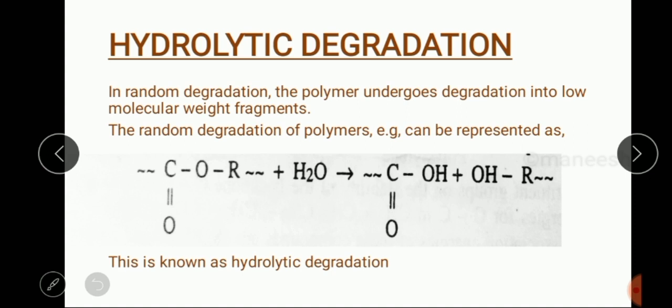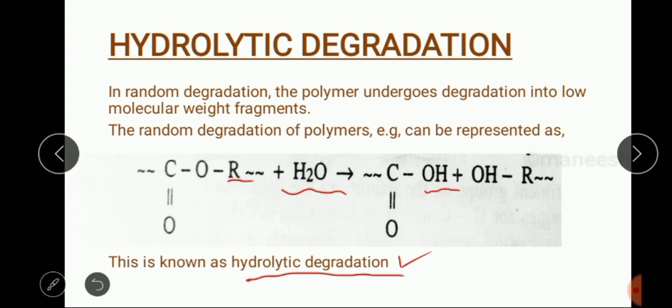Whenever this reacts with water, the H part of the water will replace R and R will combine with OH, that is C double bond O, and in the place of R now we have H, that is the ester linkage will become an acid linkage, and this type of reaction is known as hydrolytic degradation.